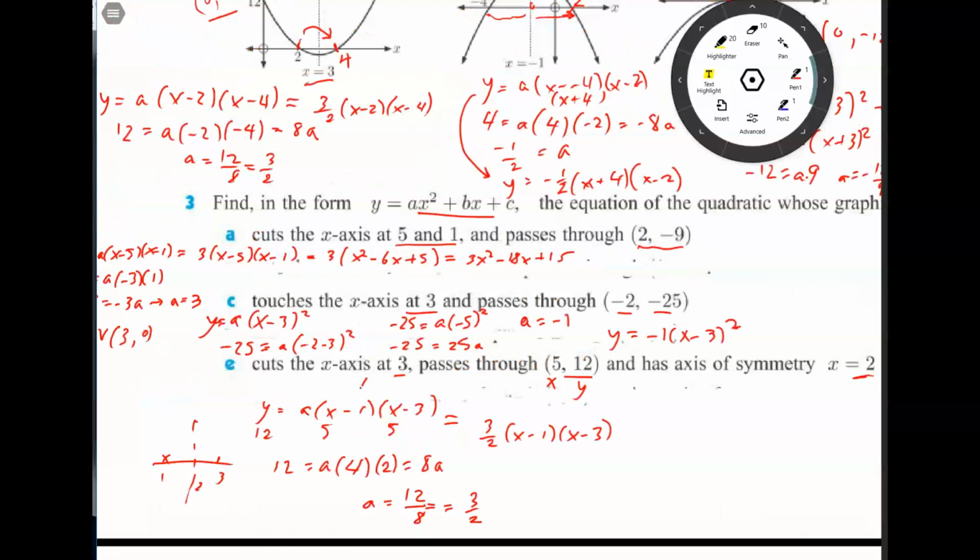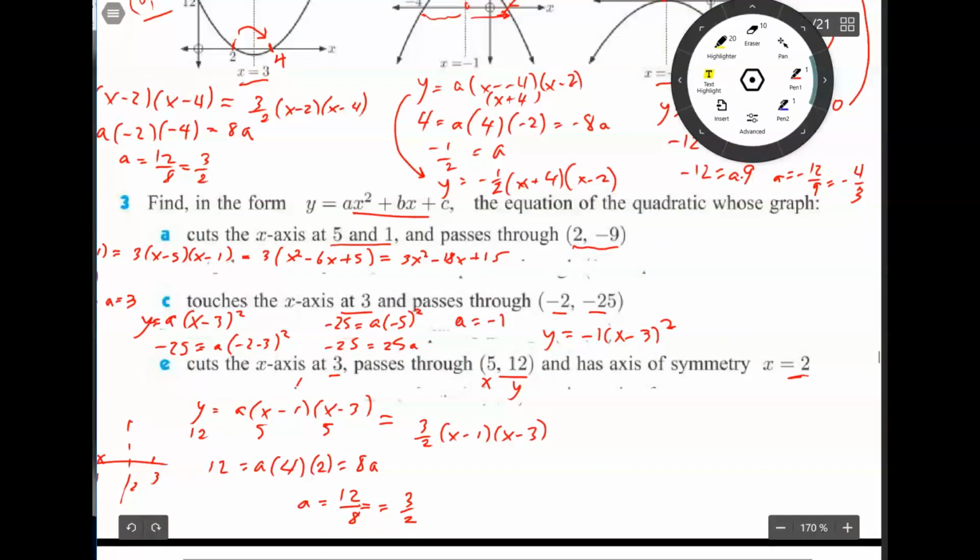So a is equal to 12 divided by 8, which is equal to 3 divided by 2. So a is equal to 3 halves. And now if I wanted to rewrite it, I would write 3 halves times x minus 1 times x minus 3. Yeah, I forgot to do something.